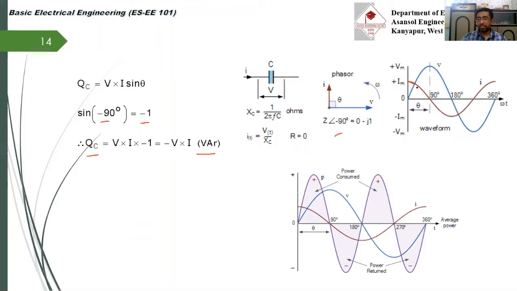Here is the phase difference, that is theta for a pure inductor, which is nothing but 90 degrees. Correct? Which one is leading? Current is always leading for a capacitor. So this is minus 90 degrees. So finally QC equals minus V into I VAR.